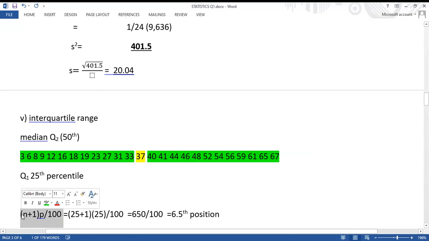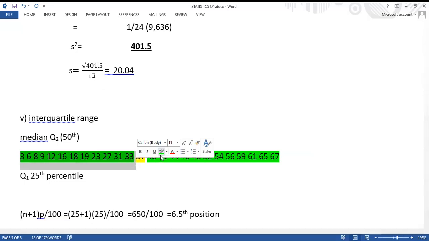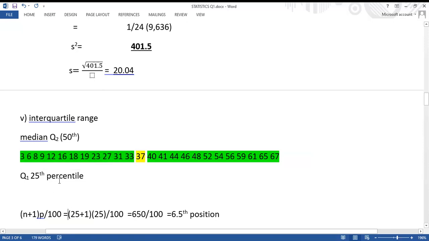We want to find the middle of this lower half so that we divide it into two parts. After we use the formula, n plus 1 times p divided by 100, we get 6.5. The position of the lower quartile is the 6.5th position.